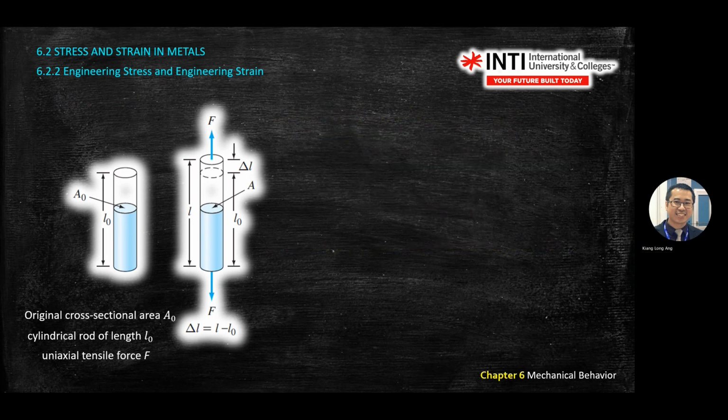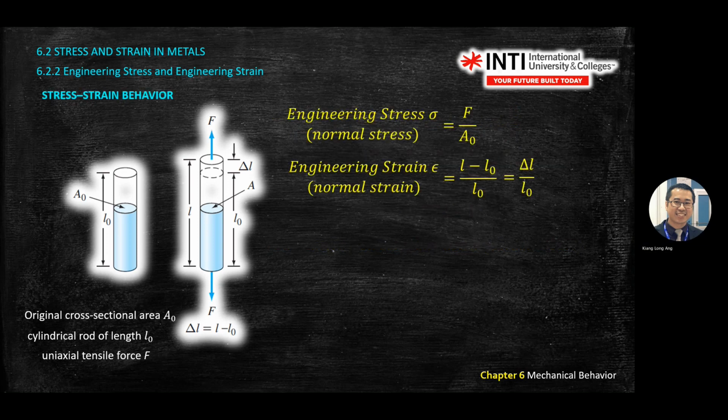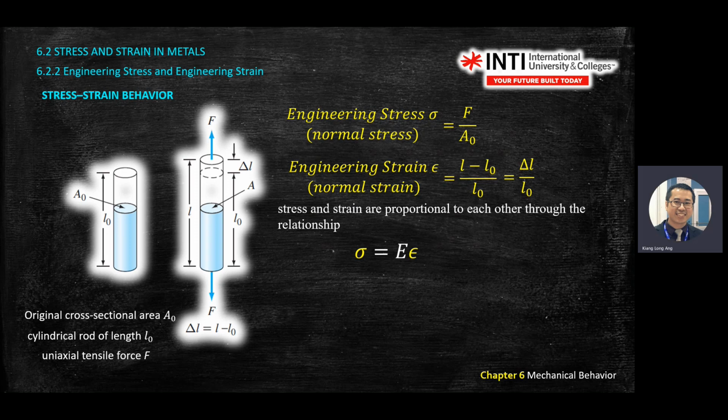Okay. So there are two formulas that you learn today: normal stress and normal strain. You link stress and strain by one formula: stress equal to E strain.